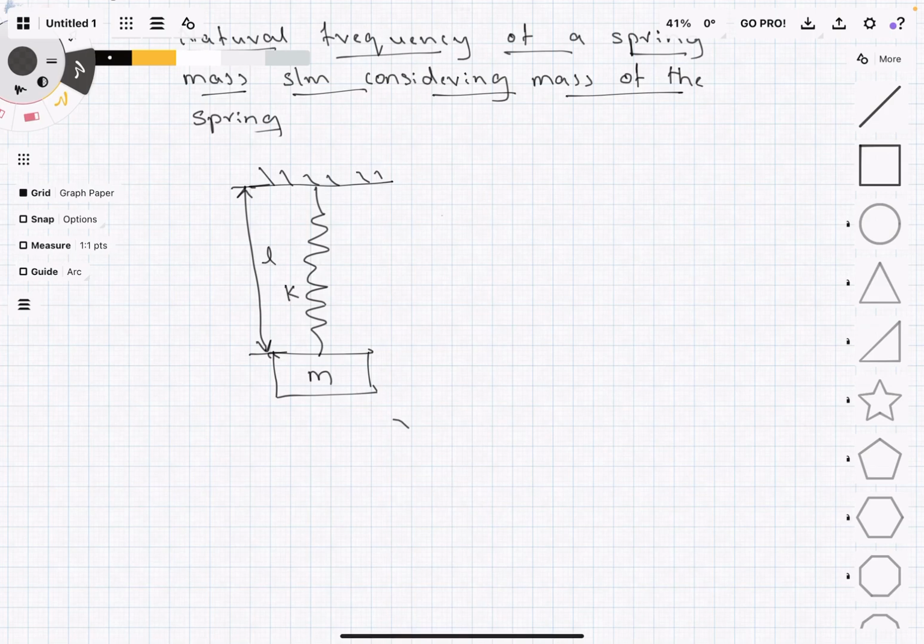So here what we will be doing is we'll be assuming m be the mass of the block. Okay, so ms will be the mass of the spring. L will be the length of the spring.